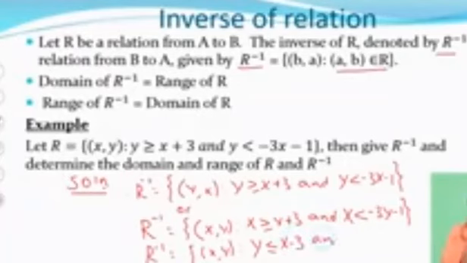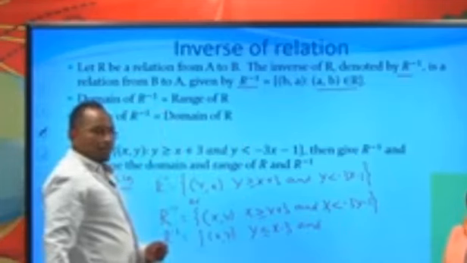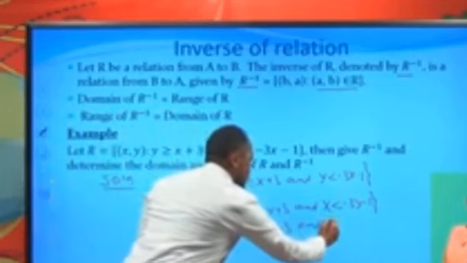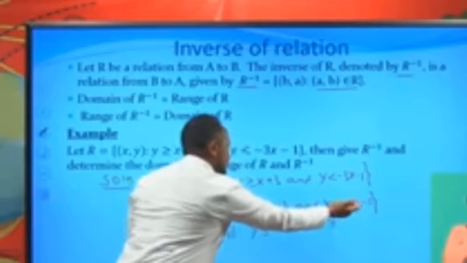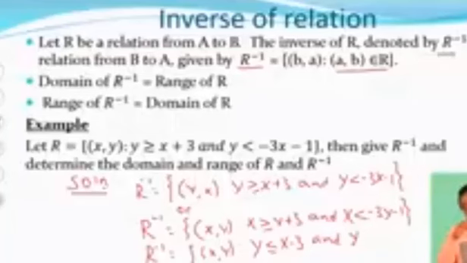And solving for y in the other one, taking minus 3y to this side, you will have positive 3y. So y is less than, taking x to the other side, minus x minus 1 divided by 3.